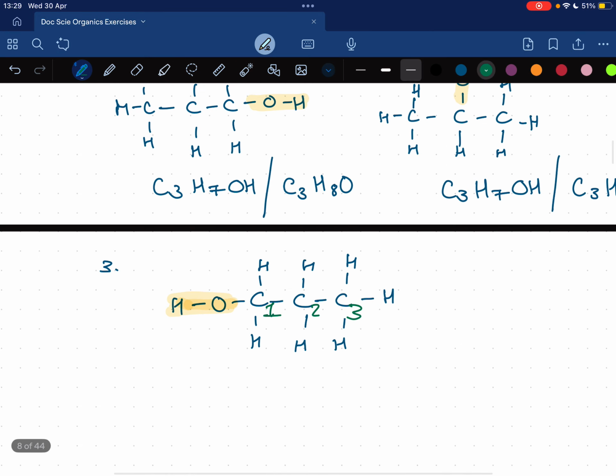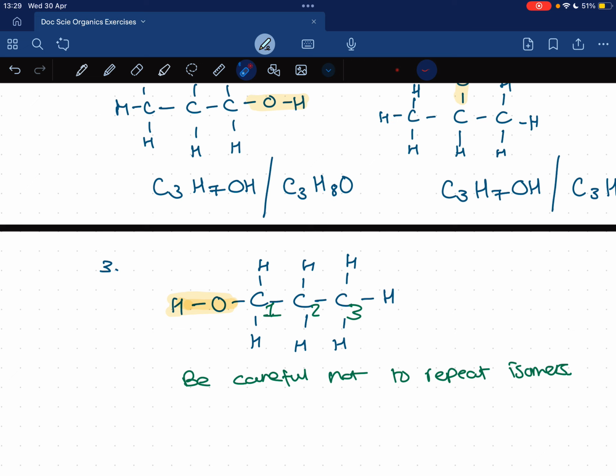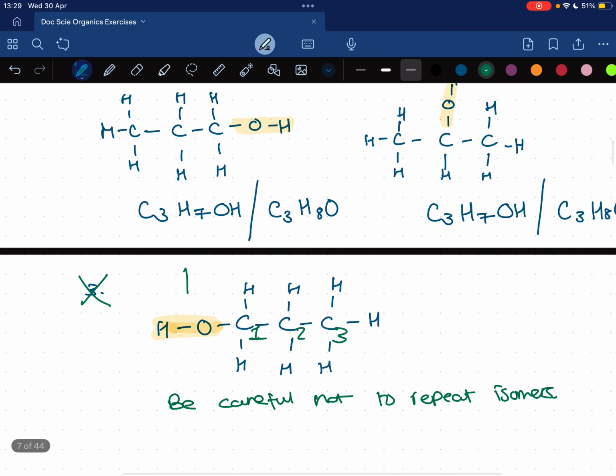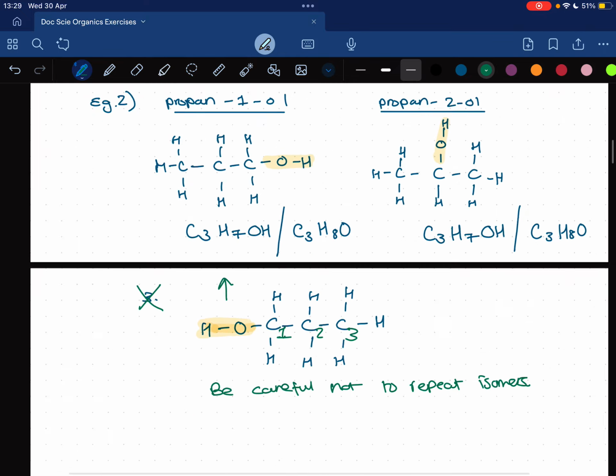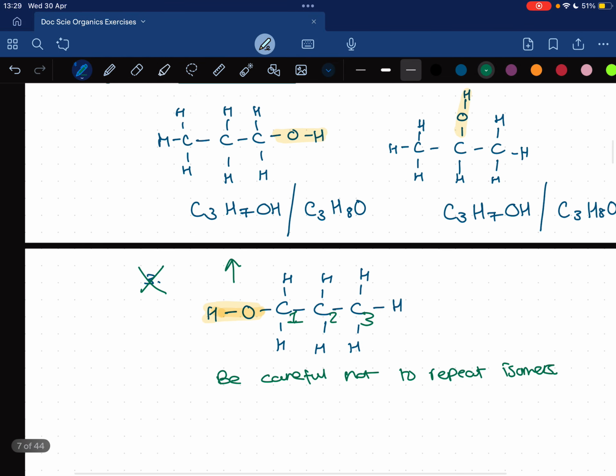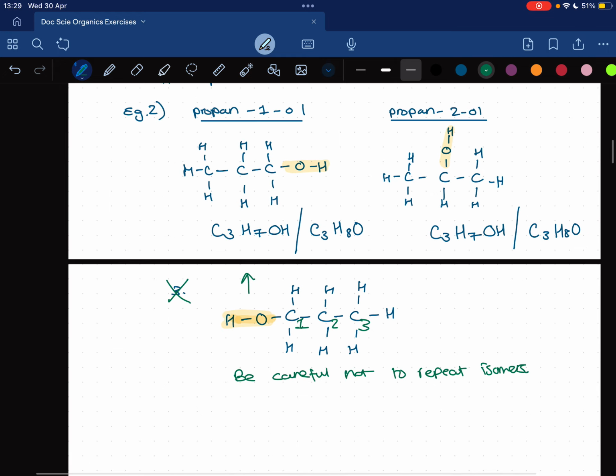So be very careful not to repeat isomers, because this one is not a third isomer. Okay, it's the same as the one that we just drew above. That's a common error here in isomers, is that you think, oh, this is a different isomer, but it's not true.